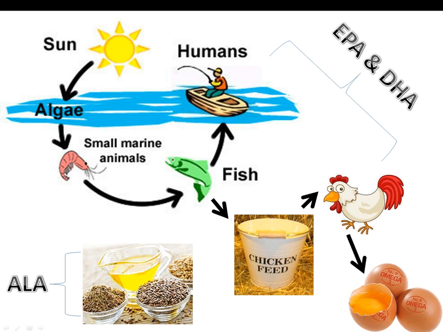So algae in the ocean are eaten by small marine animals or eaten by fish, subsequently eaten by humans. And in the United States, we have this extra course to omega-3s: fish meal is used in artificial chicken feed, which is why you can buy omega-3 eggs in the supermarket. So we have these two sources, a fish-based source and a plant-based source, with the plant-based source being much less bioavailable.